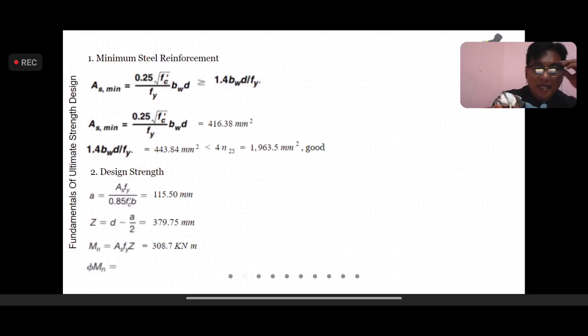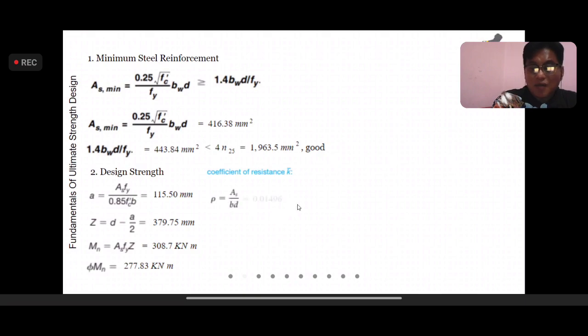Pwede natin gamitin yung, by the way, may safety factors na to na 0.9, no? Kaya 0.9 ang multiplier. Naging 277.83. Ito yung design strength.